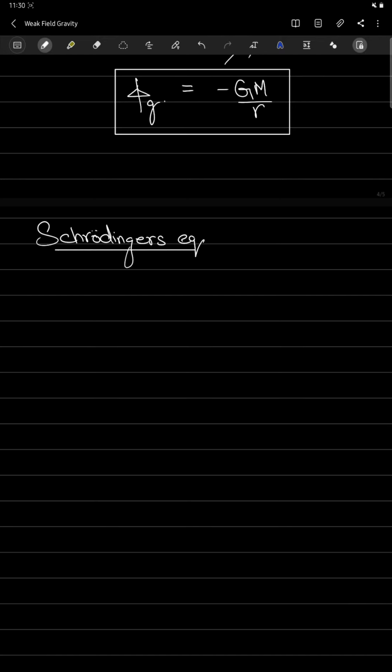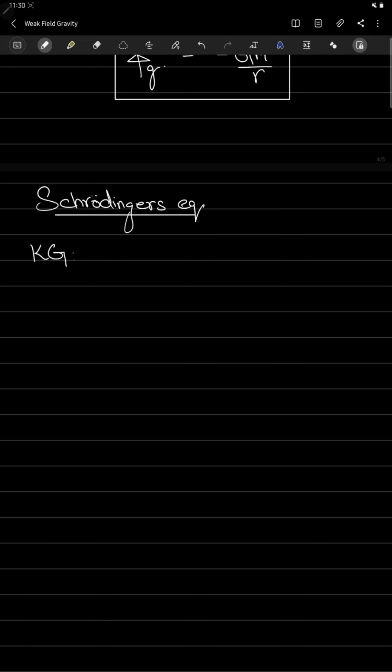So we'll start with what is known as the Klein-Gordon equation, which we know very well is this: the d'Alembertian plus m squared on phi is equal to 0.